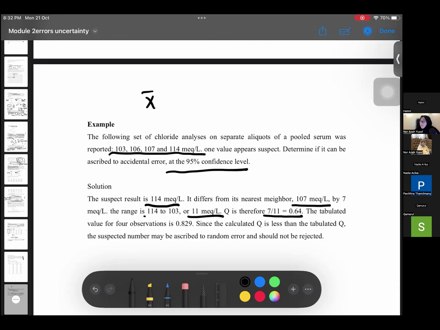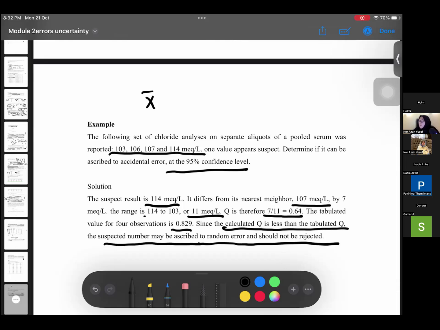The tabulated value, Q table, is 0.829. So since the calculated Q is less than the tabulated Q, the suspected number may be ascribed to accidental error. That means the data, the figures, the numbers should be retained. It cannot be discarded from the data set.